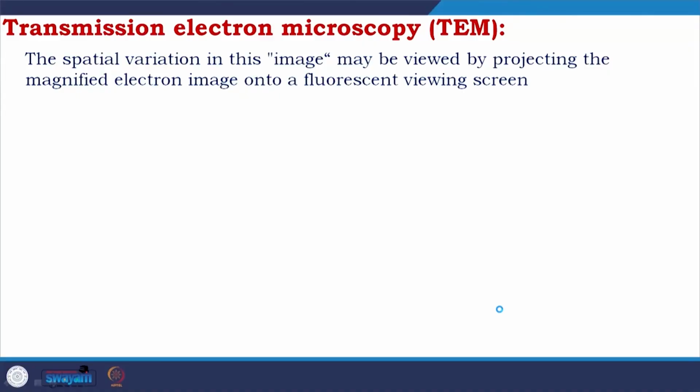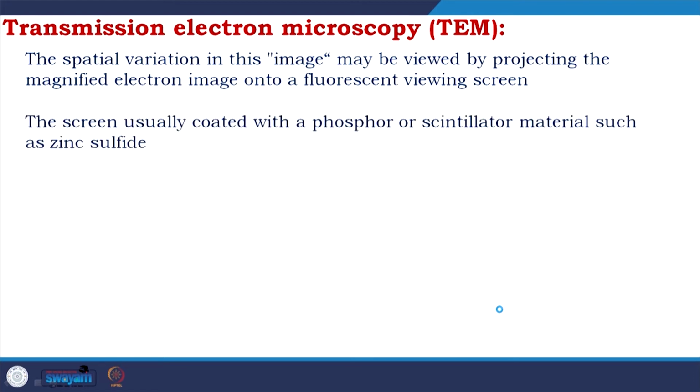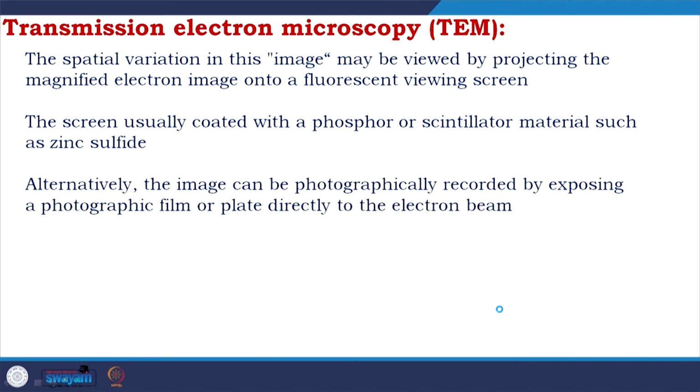The spatial variation in this image may be viewed by projecting the magnified electron image onto a fluorescent viewing screen. The screen is usually coated with a phosphor or scintillator material such as zinc sulphide. Alternatively, the image can be photographically recorded by exposing a photographic film or plate directly to the electron beam.